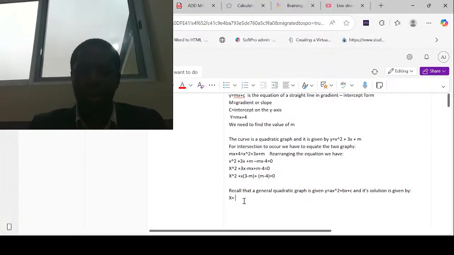So I'll have minus b plus or minus the square root of b squared minus 4ac, hope you remember this formula, everything divided by 2a.